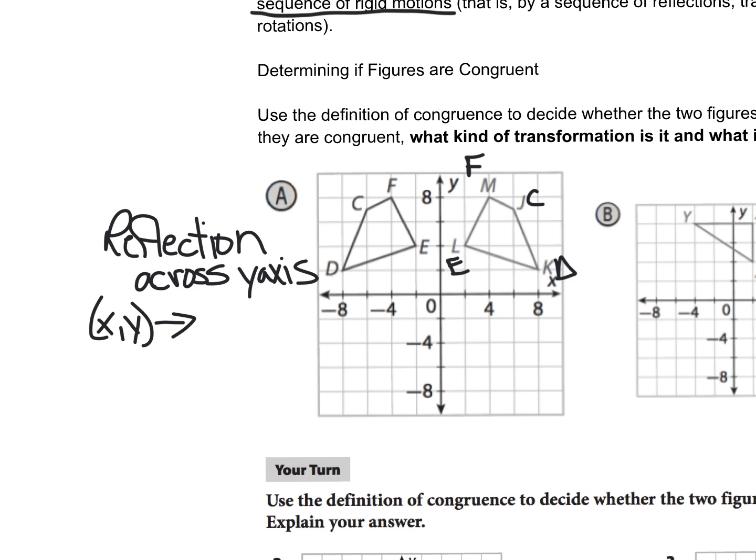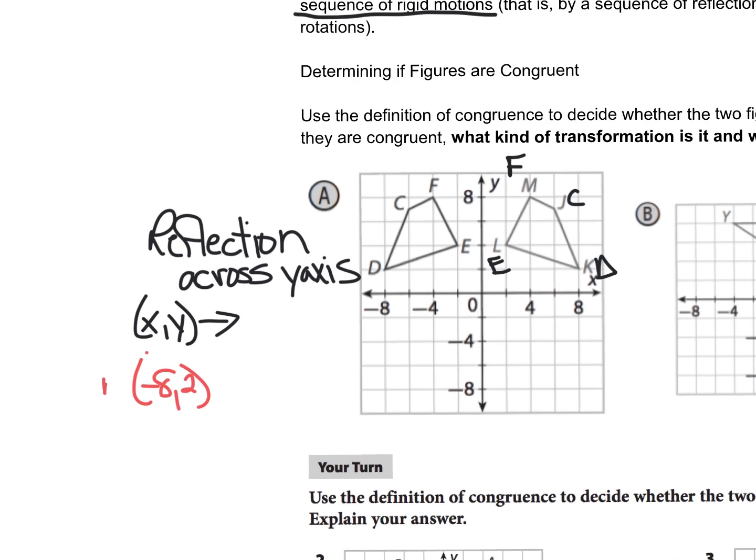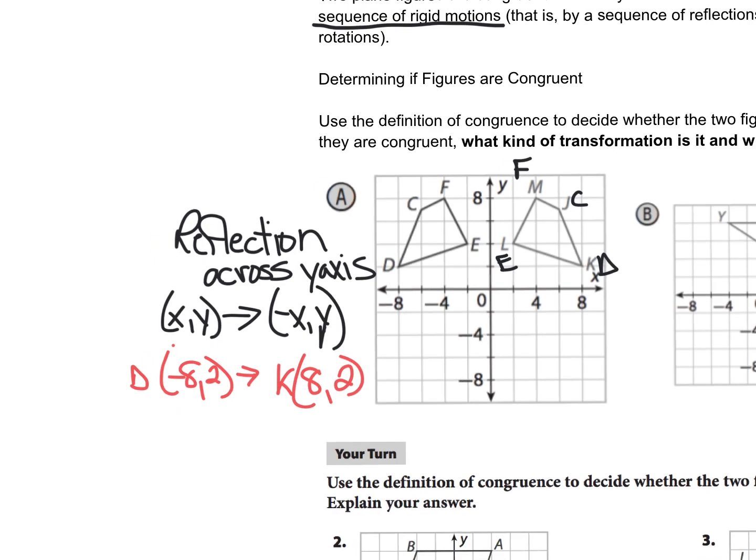I'm going to check F, or D, we could do D. So D was at -8, 2, not -2, just +2. These lines go by 2 apiece. And then that was D. And it goes to K, which is at 8, 2. So it looks like we get xy goes to opposite x, y. And that's our rule.